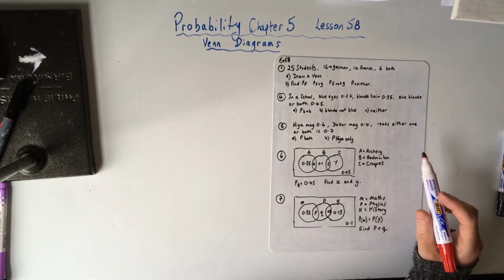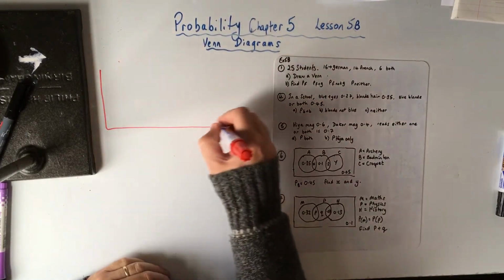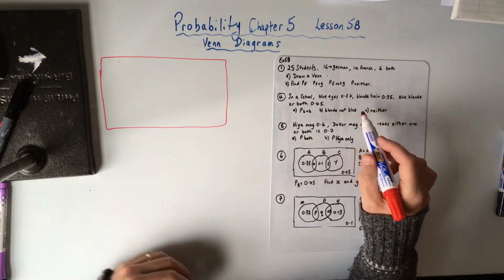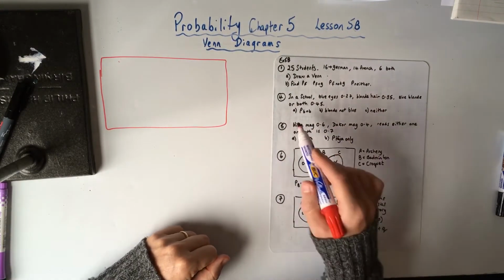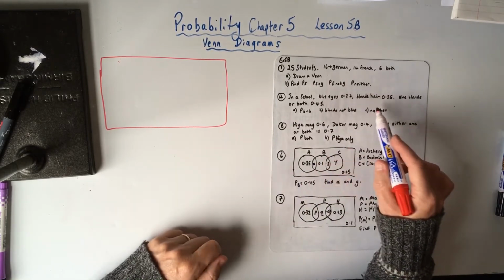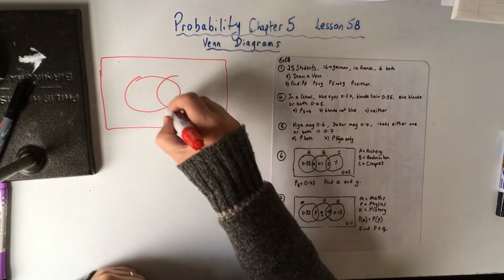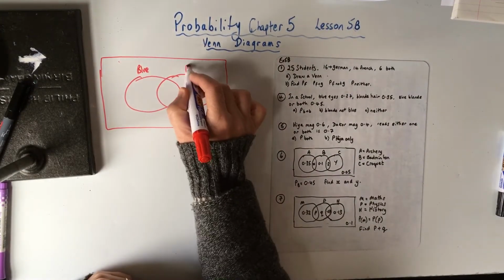Now on to 4, a little bit more. So it's saying it's a problem. Let's have a look. In school you got, it's a bit annoying this because they went blue eyes and blonde hair, so you can't just put B and B or BL and BL. Okay, so there we go, and I'm going to go blue and blonde.